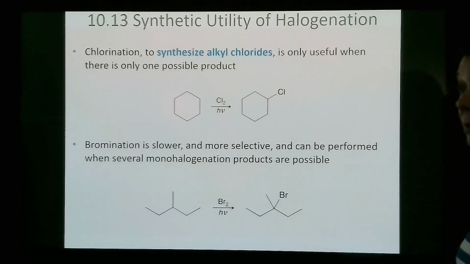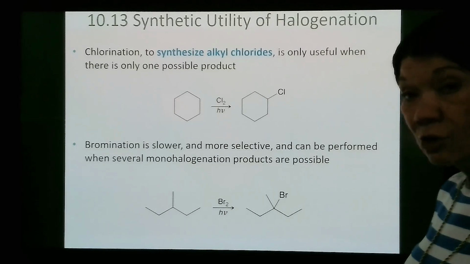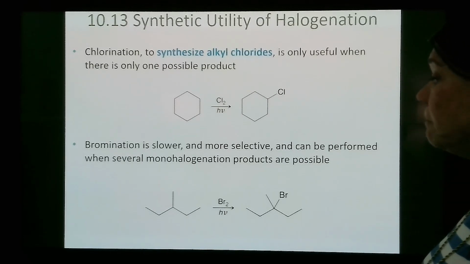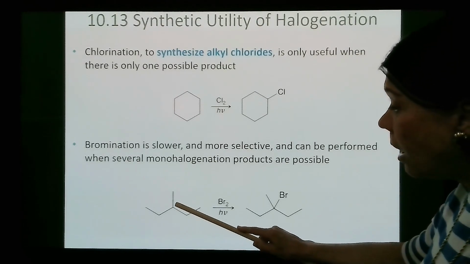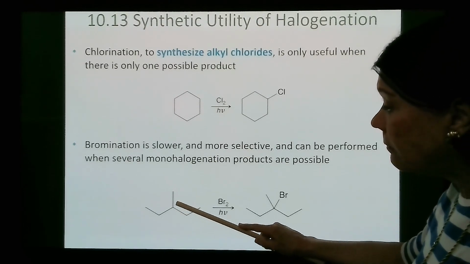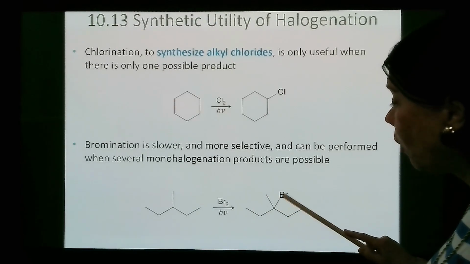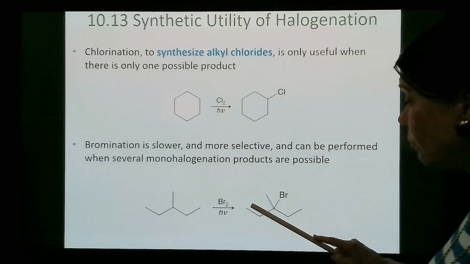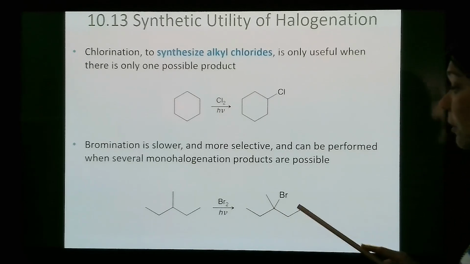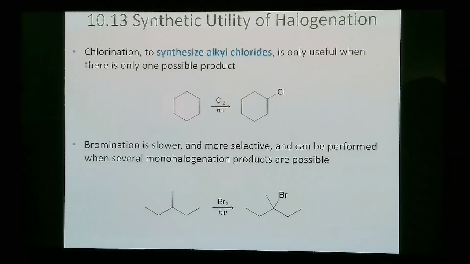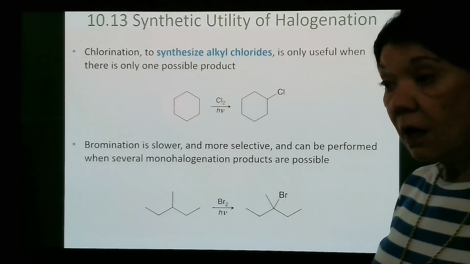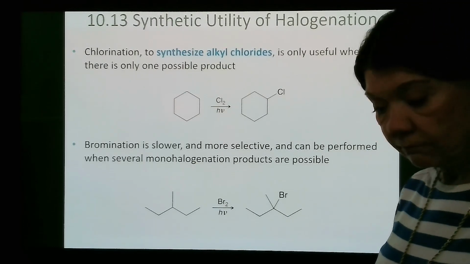Bromination is slower, it's less energetic, and so it's more selective, and it can be used to create just one product, even though here in this case 1, 2, 3, 4 different products are possible, and yet only one is obtained. So bromination is more useful.